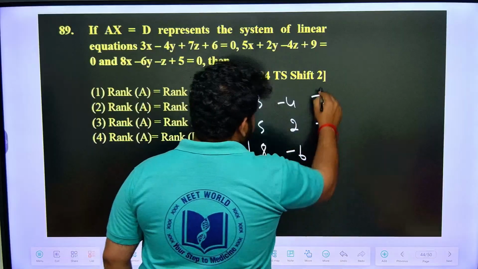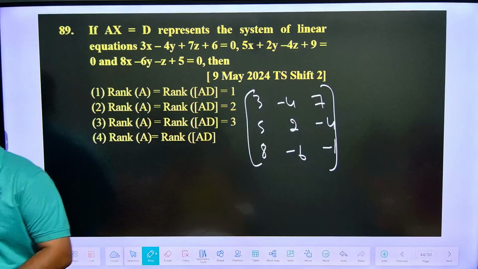Find the determinant of this. Otherwise you are just sitting and watching. Find the determinant.